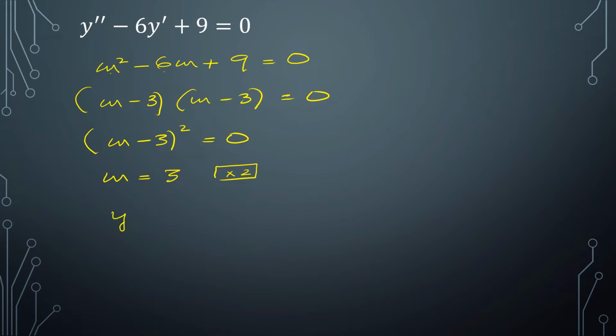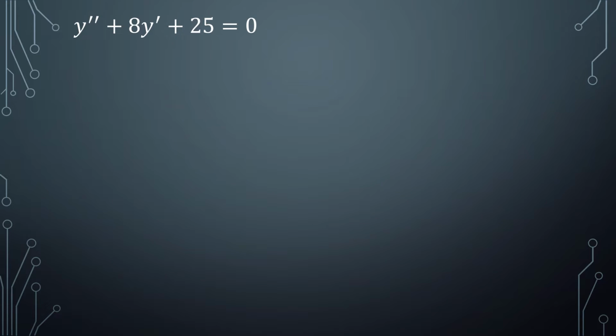So your equation will be c1 e to the power 3x plus c2x e to the power 3x. We have to differentiate the two terms; that's why the first time we don't write the x, and the second time we write the x.